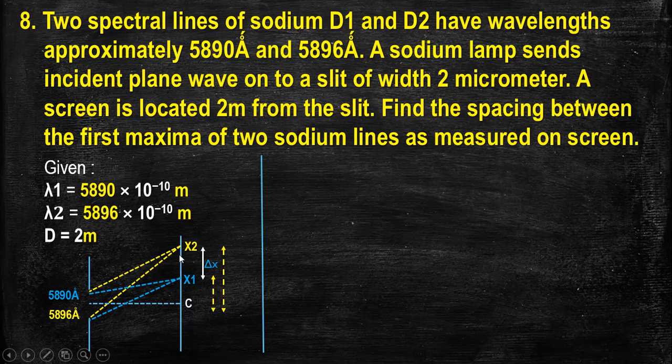Similarly, when the light used is 5896 angstrom unit, then you get some bright fringe at this point, and the distance of this bright fringe due to the wavelength 5896 from the center of the screen is x2. So I am taking x2 greater than x1 because whenever the wavelength of light used increases, the distance of the bright fringes from the center of the screen also increases.